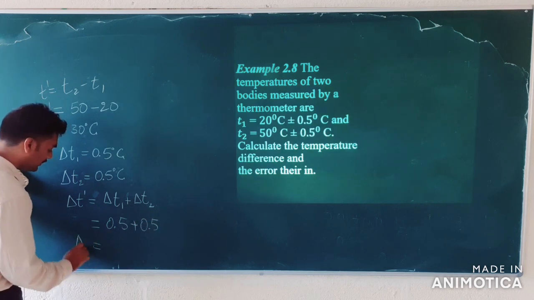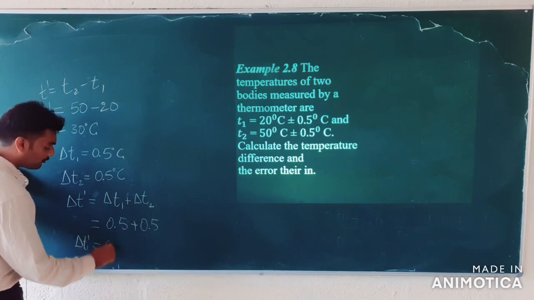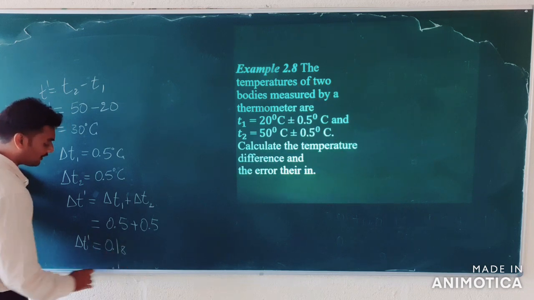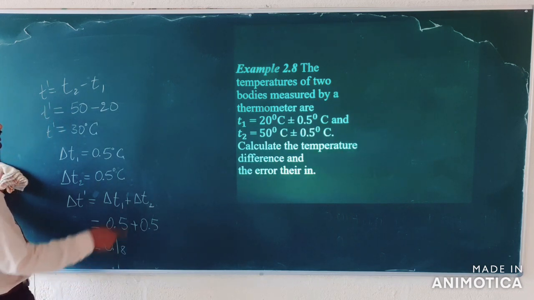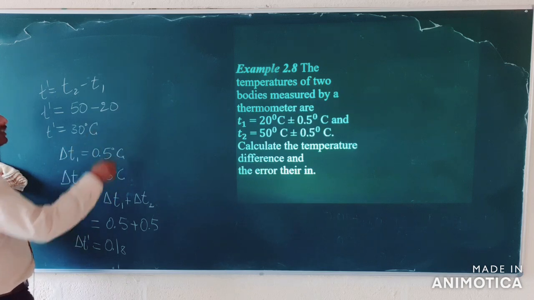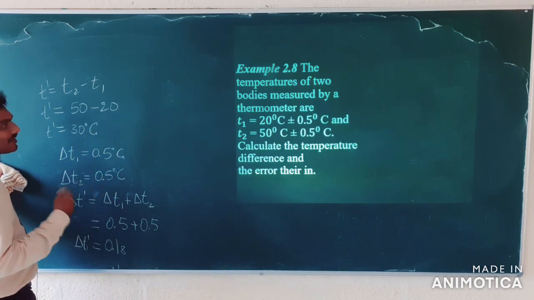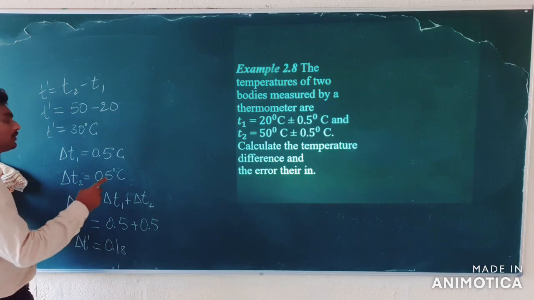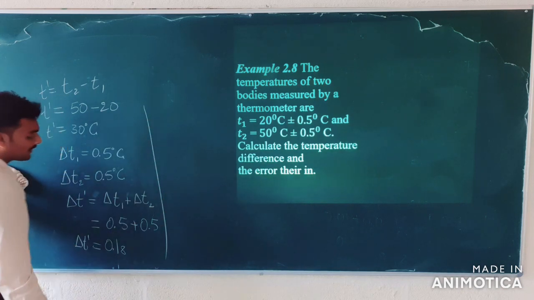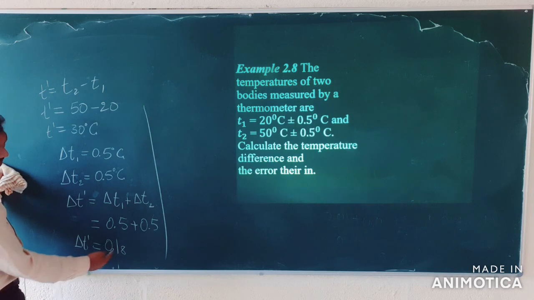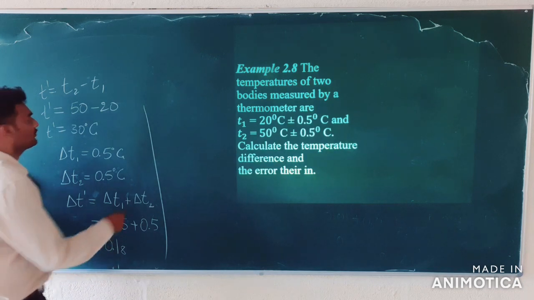Together, delta T dash will become 0.1 second. So this is the total error in the difference of the measurement. Even if we add the measurements, the error is going to remain the same, 0.1 second itself.